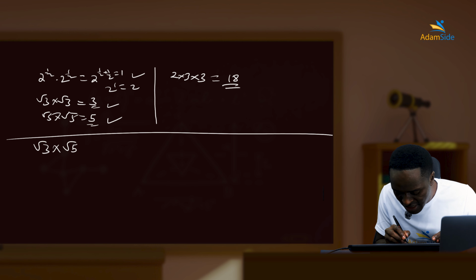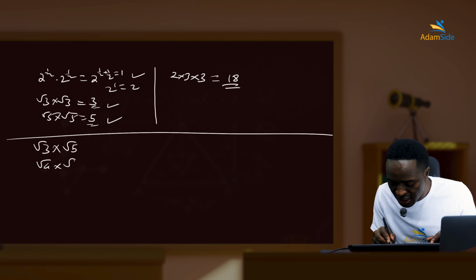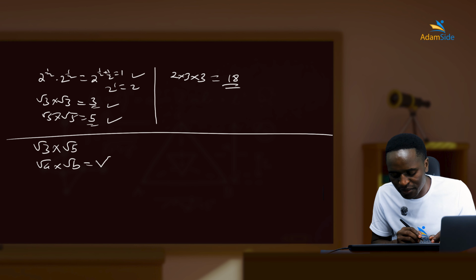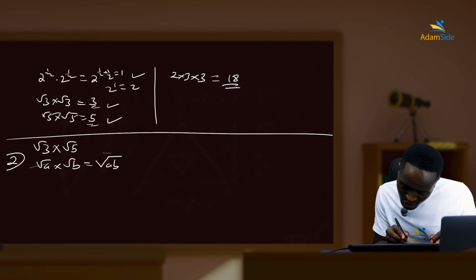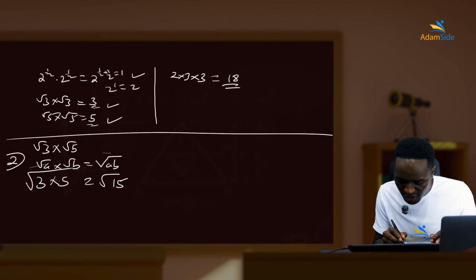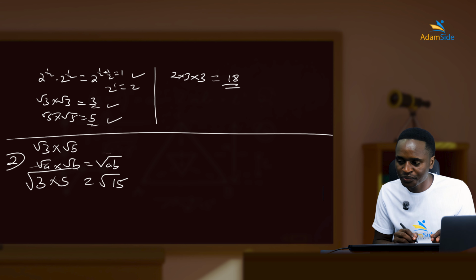We say this property is the same as when you have root a times root b. This is the same as the square root of ab. This is another rule. So you can say 3 times 5 is the same as the square root of 15. So the square root of 15 is equal to root 3 times root 5. This is another rule.